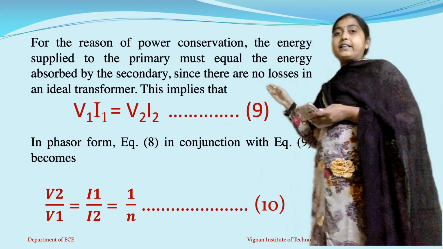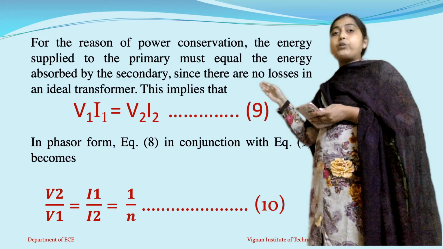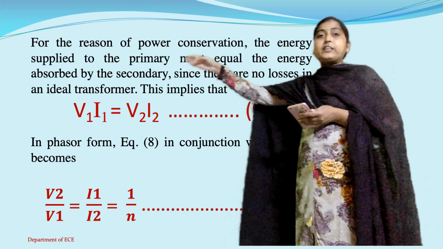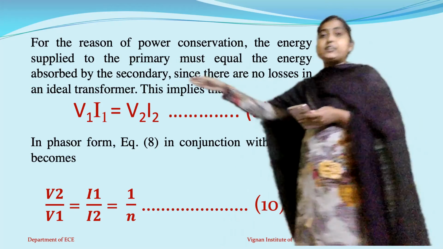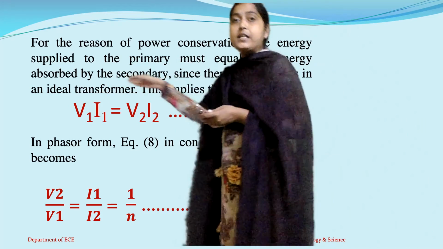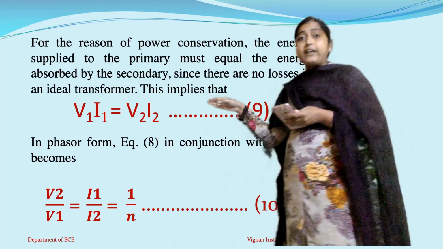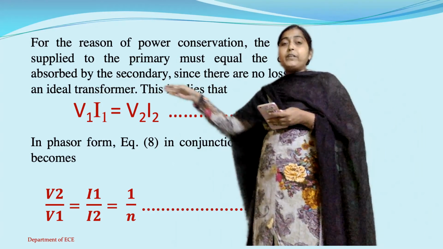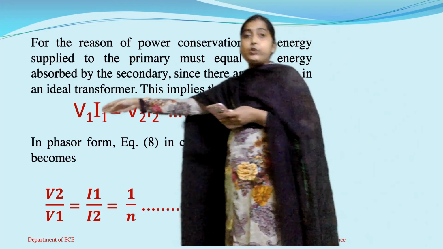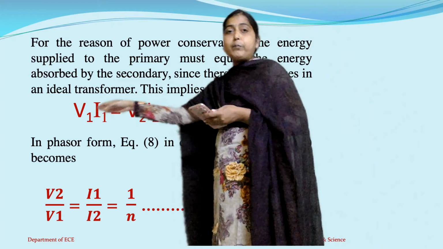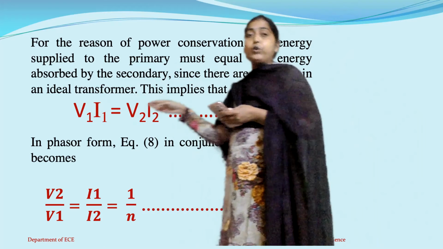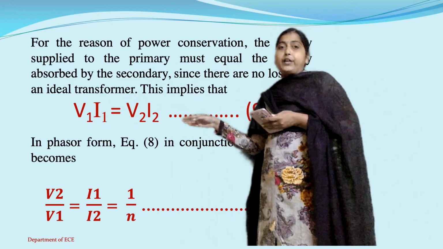That means the energy supplied by the primary winding must be equal to the energy absorbed by the secondary winding, such that the power can be written as voltage into current. So the voltage induced in the primary winding V1 multiplied with the current in the primary winding I1 is equal to V2 into I2.